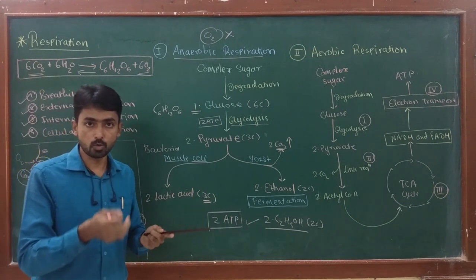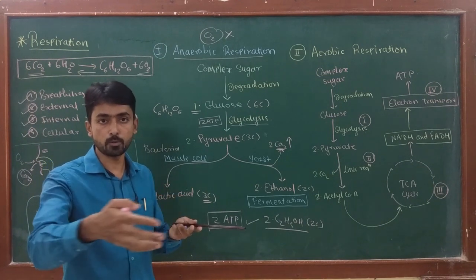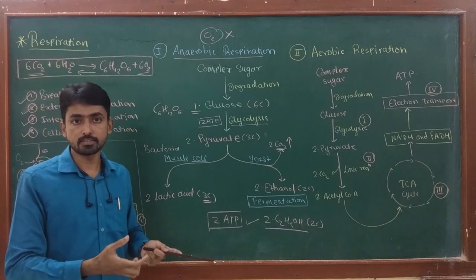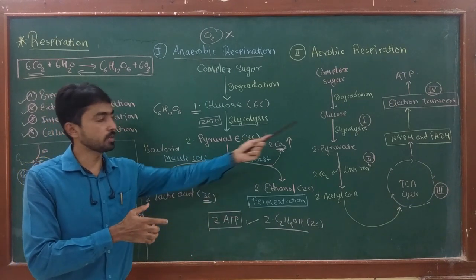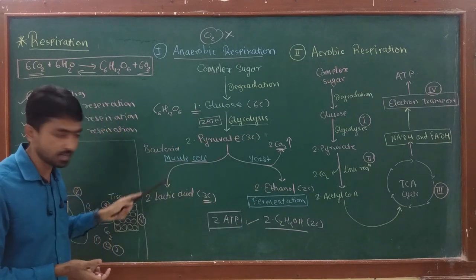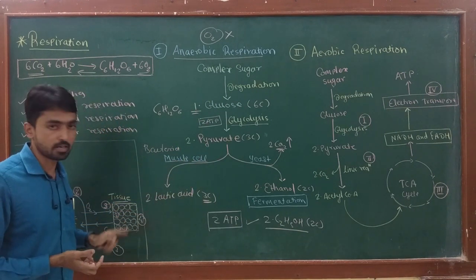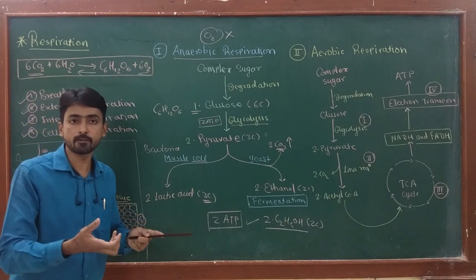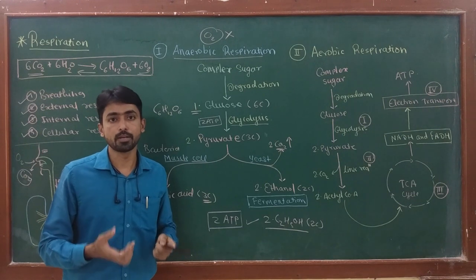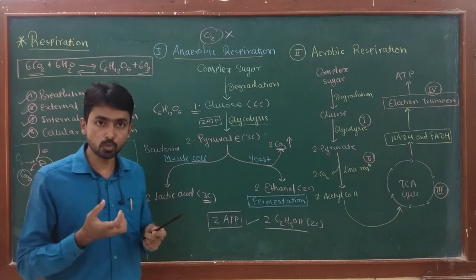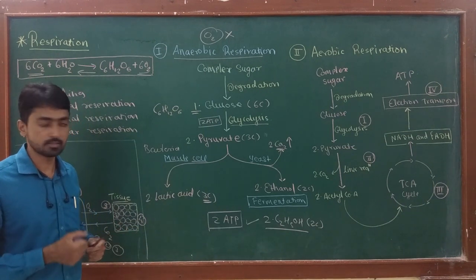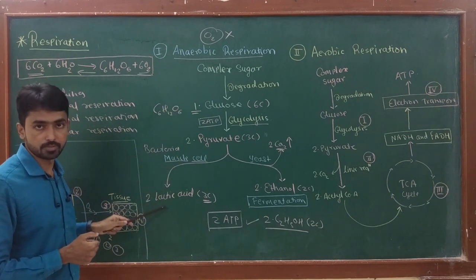If you are doing exercise for a long period of time, sufficient oxygen is not delivered into the muscle cell, and the muscle cell transfers from aerobic respiration to anaerobic respiration, and this pathway operates in the muscle cell, which produces lactic acid. When this lactic acid accumulates inside the muscle cell, muscle cramp occurs, or muscle pain we can also say. Due to lactic acid accumulation, these cramps are produced. This happens due to anaerobic respiration.